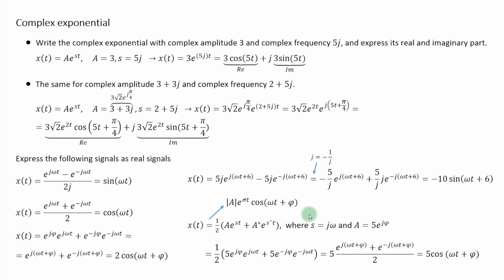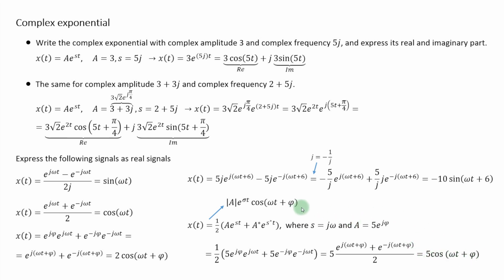So you could just identify that the complex amplitude has magnitude of 5 and that you would substitute here. The real part of the complex frequency is 0, that you would substitute here. This omega is this and this phi is this. So from this expression you could directly write that the result is this.